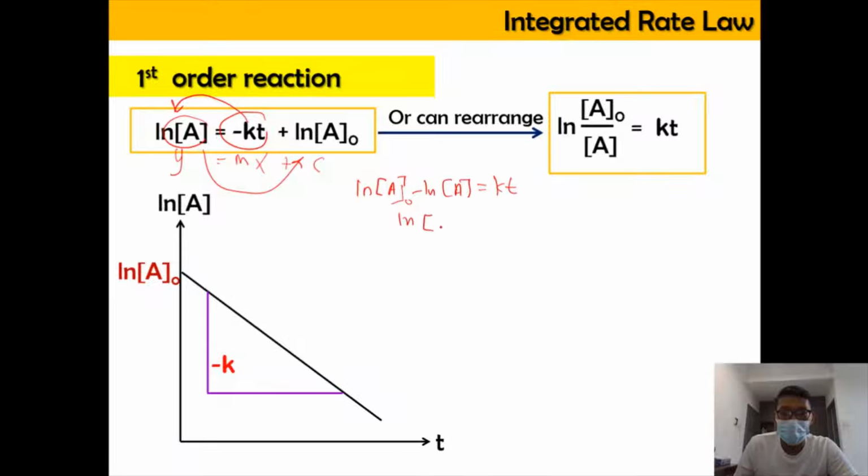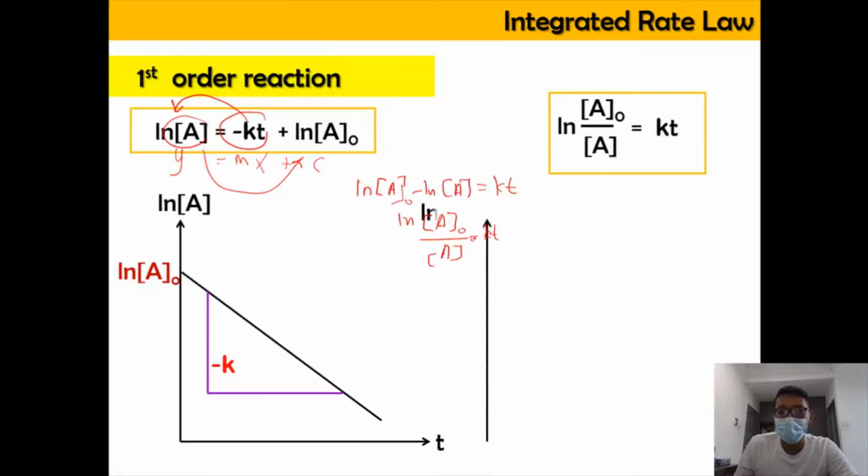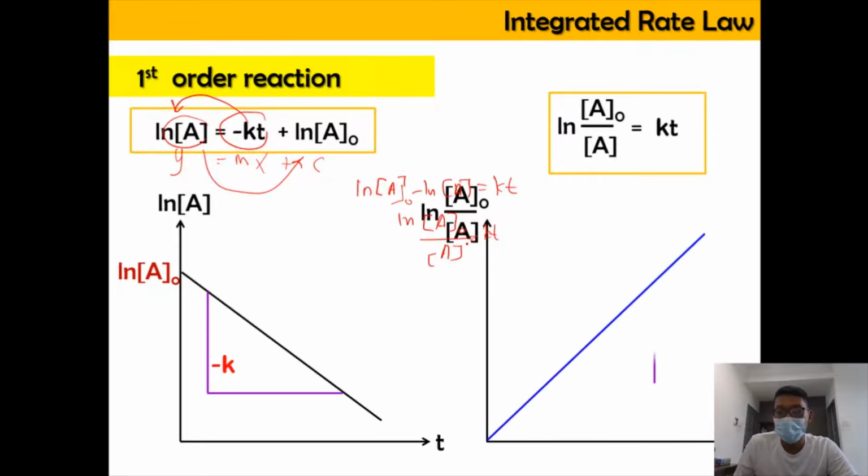So you will get ln a naught over a equal to kt. So you can also use that as the basis of your graph. But usually we will be using the one in the left hand side here.